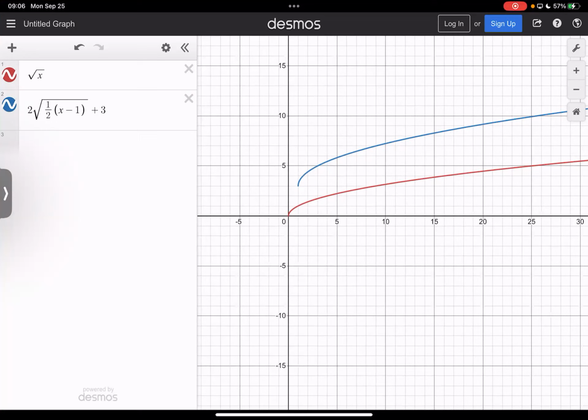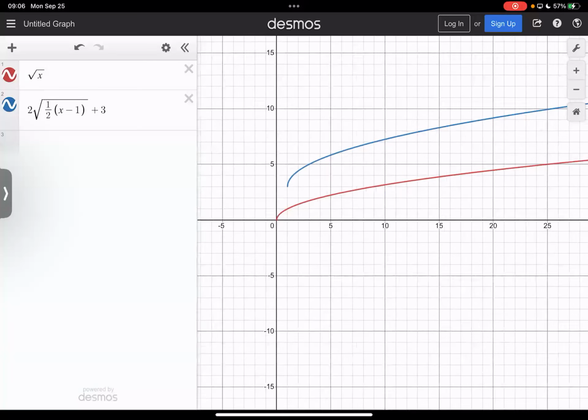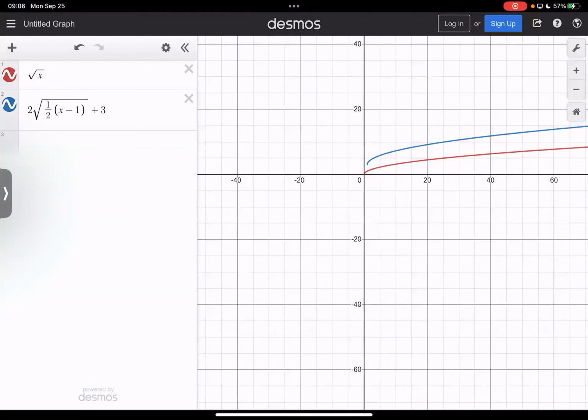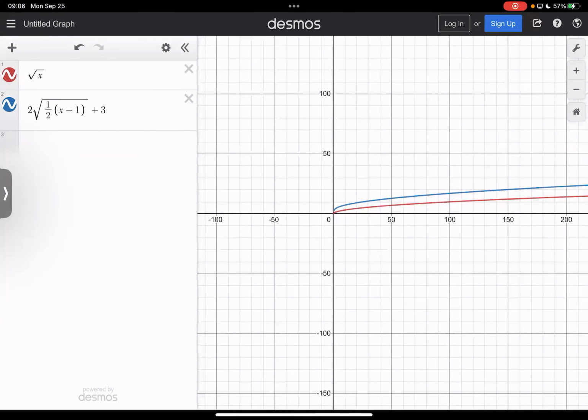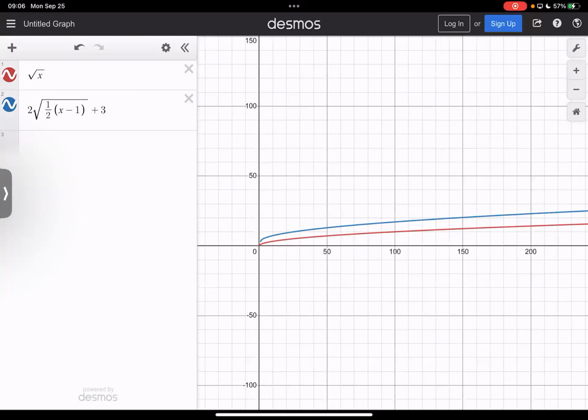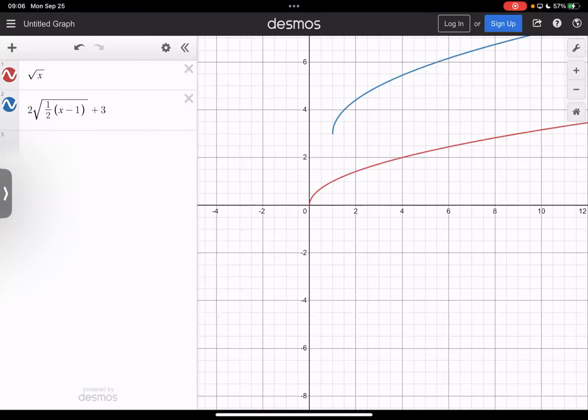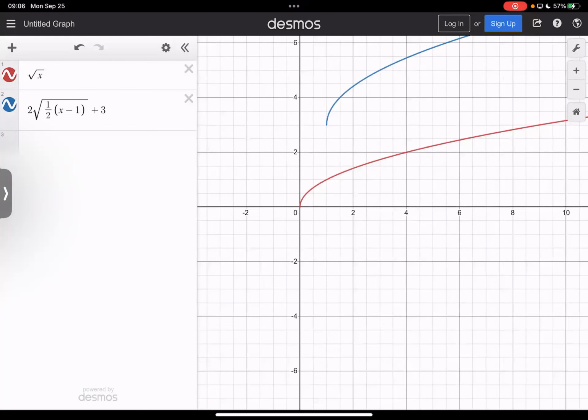The stretches and compressions aren't obvious to me here. What if I zoom out? Is it going to help? Probably not. It's like a little bit more open. But when I zoom in close, at least the horizontal shift and the vertical shift, they're obvious, right?